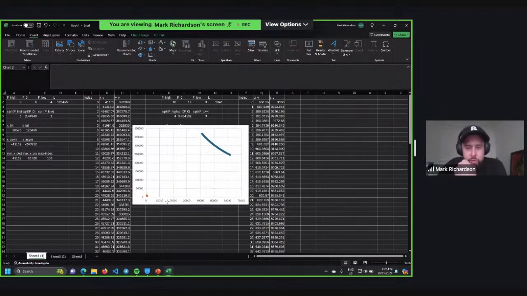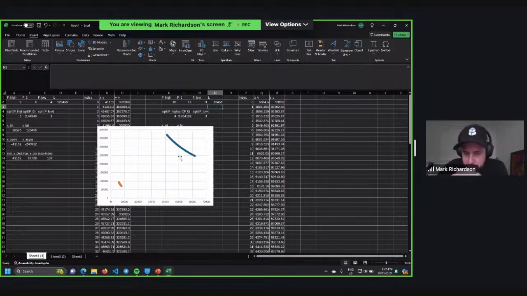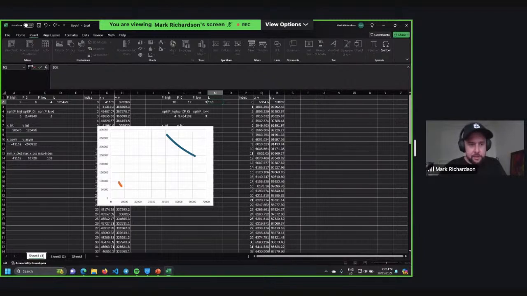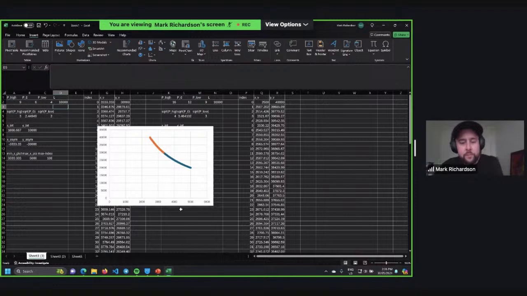Okay, so what I want to show you here is that we have both of our plots set up here, but they look very different. And if I set this to, let's say, 10,000, and I set this to 10,000, you can see that they actually match up perfectly.